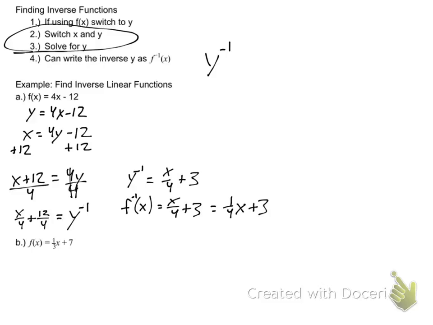So, what's your process? Talk us through it. So you change that to a y. And then you switch the y and the x.